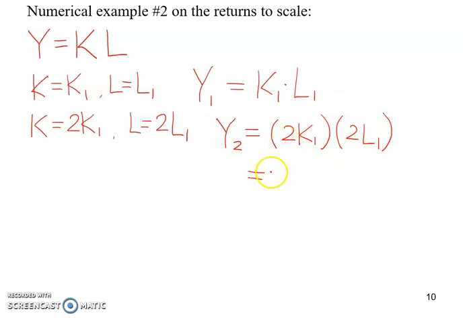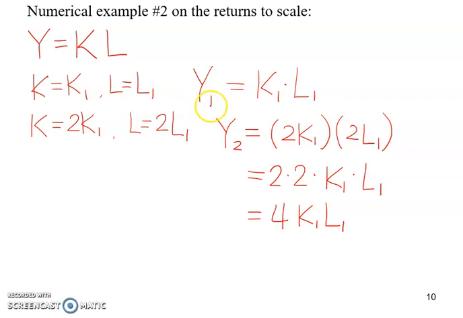So it's going to be 2 times 2, this one here and this one here, and times K1 times L1. So this equals 4K1 L1.